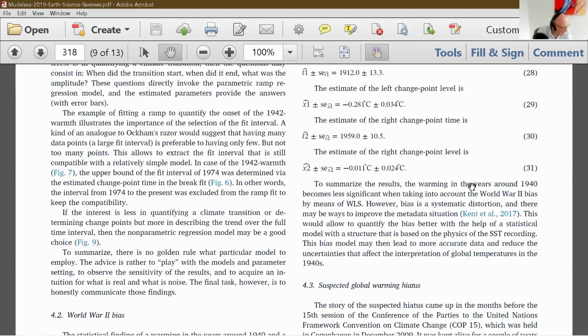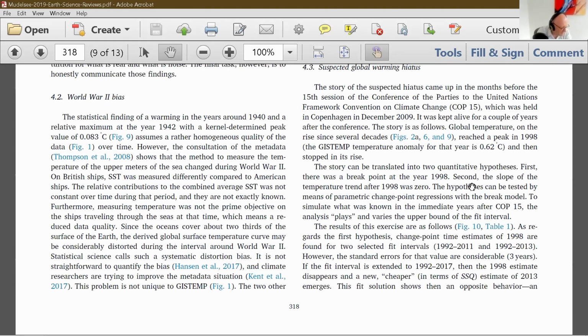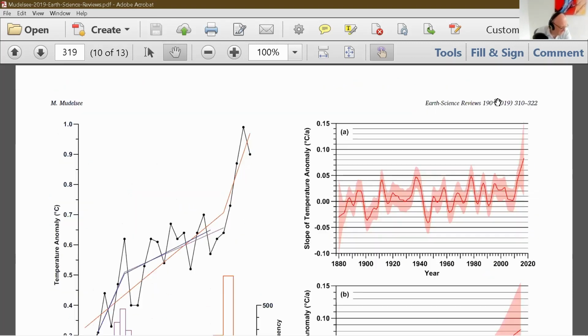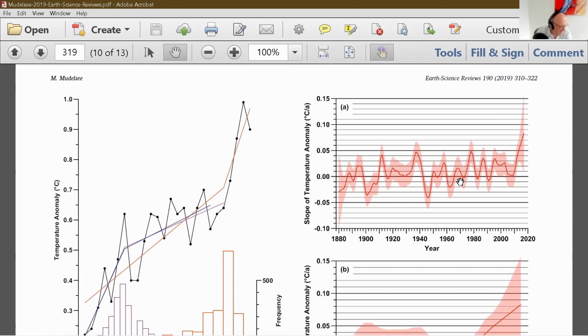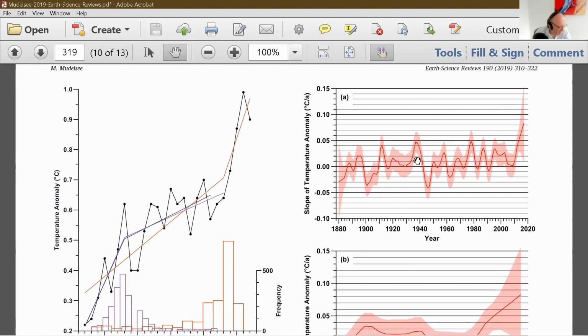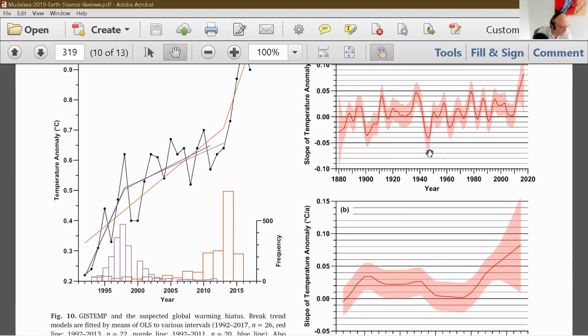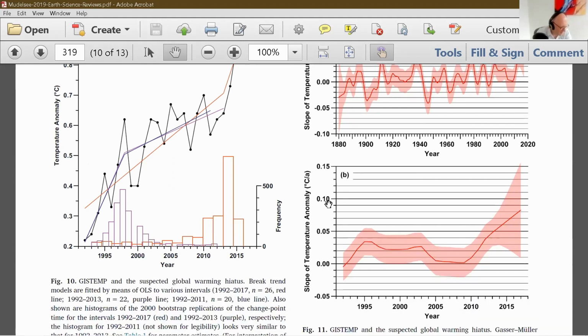Okay, then we had a discussion. Here I give the suspected hiatus of global warming, and then the stories, it has something to do with Copenhagen and the climate skeptics. And okay, this is how politics go, it is not science. And then here, this is interesting, the upper plot, because this shows the slope. This is now also done with the kernel software, but this time I estimated the first derivative.